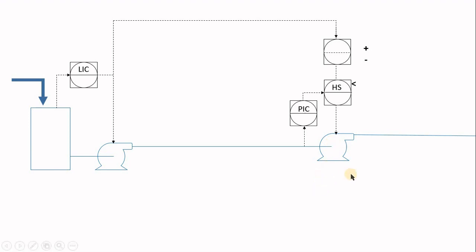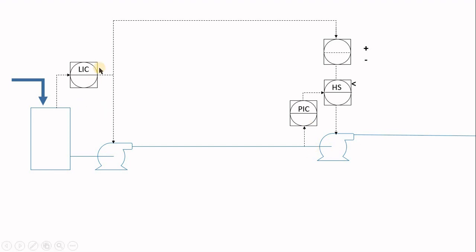So to reduce the likelihood and the risk of cavitation in the pump, we introduce a new PID loop, which is a PIC in this case, which monitors the suction pressure and reduces the speed of the pump to maintain a minimum suction pressure at the pump suction.